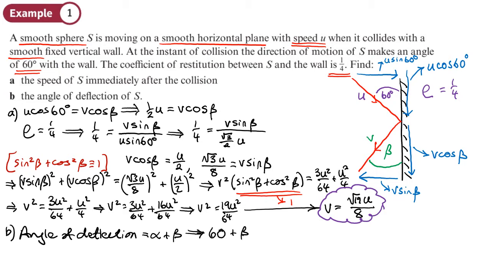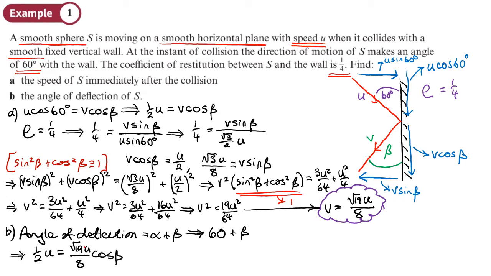So now we're going to work out beta. So I'm going to take this first equation here, and I'm going to substitute v for this root 19u over 8. So if I do that over here, I will get u over 2 equals v cos beta. Now v is this, root 19u over 8 cos beta.